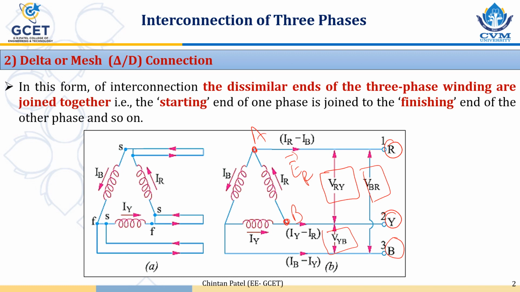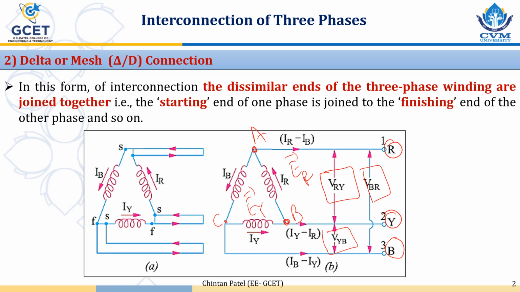In a similar way, let's consider phase Y. In phase Y, let's say the induced EMF is EY. So this EY is available between terminals B and C. Now the same voltage, same potential, is also available between terminals Y and B, or terminals number 2 and 3. And what is the potential called between terminals Y and B?